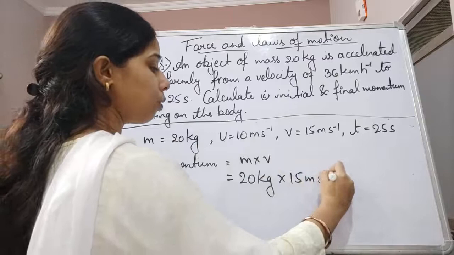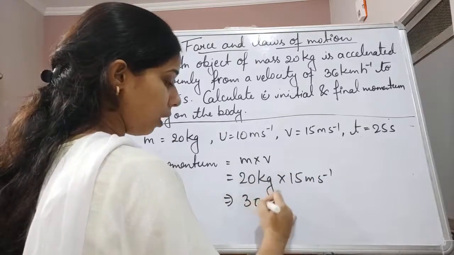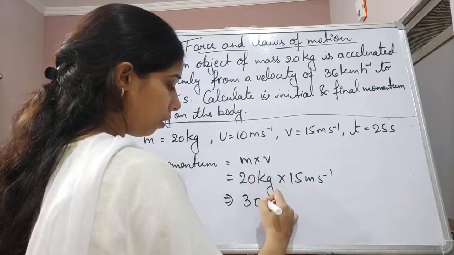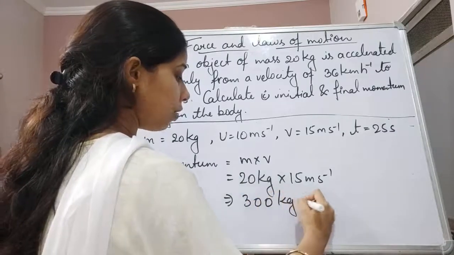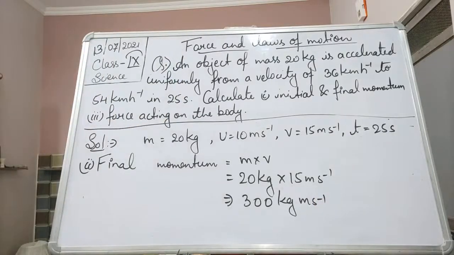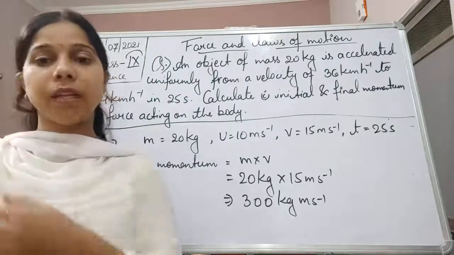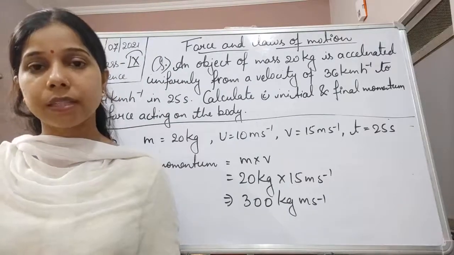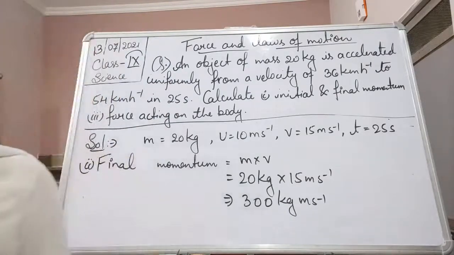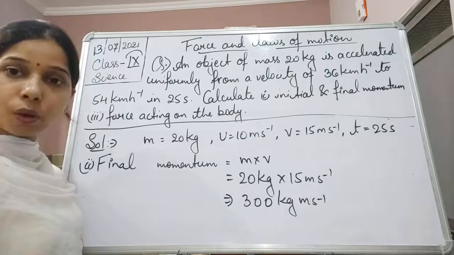So it will be equal to 300 kg meter per second. So initial momentum is 200 kg meter per second and final momentum is 300 kg meter per second. Now let us see what is the force acting on the body.